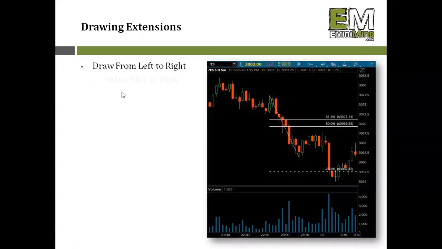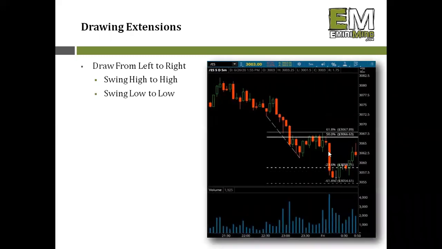An extension would then be a high to a high, or like in this chart, a swing low to a swing low. So when the market is selling off, in this case moving down, sometimes we don't make a full retracement to that 50%.